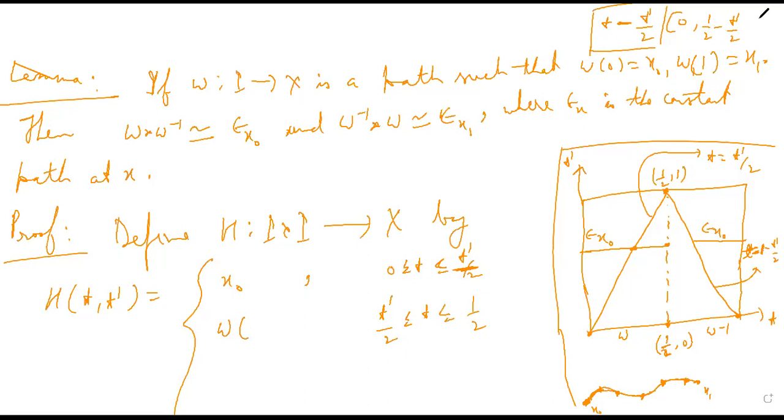In this interval, for t prime equal to 0, the whole omega should be traversed, right? So basically we have to stretch it 2 times. So this is omega of 2t minus t prime.